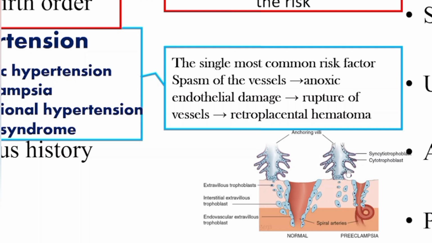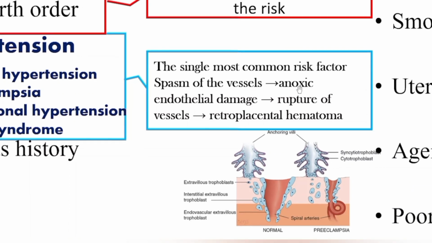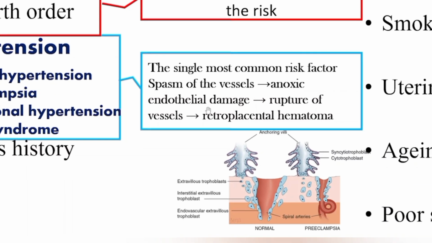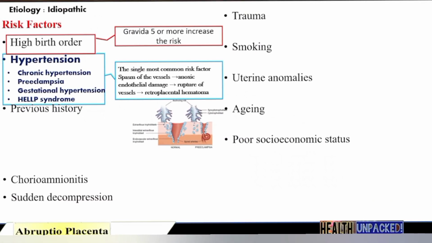So if there is low blood flow and spasm of the vessels, there is anoxic endothelial damage because of lack of oxygen. So if there is lack of oxygen, there will be a rupture of vessels. If there is rupture, there is a retroplacental hematoma that leads to abruptio placenta. So this is a very, very important risk factor.